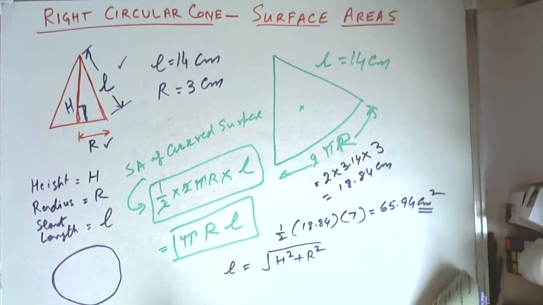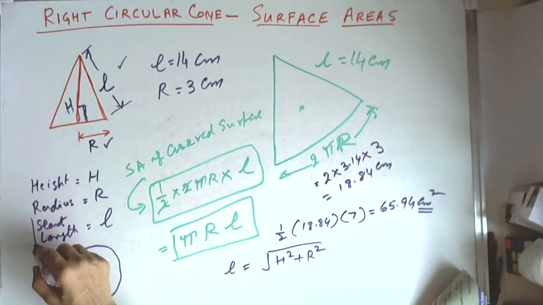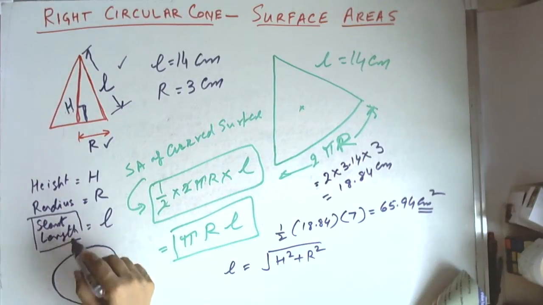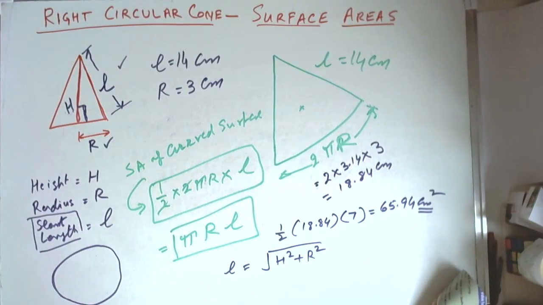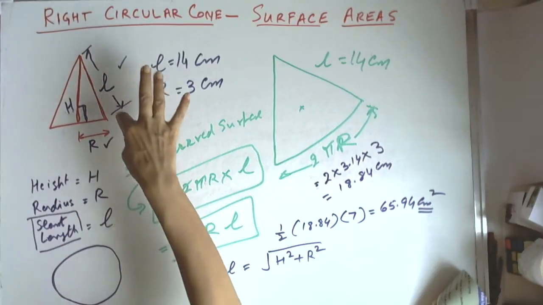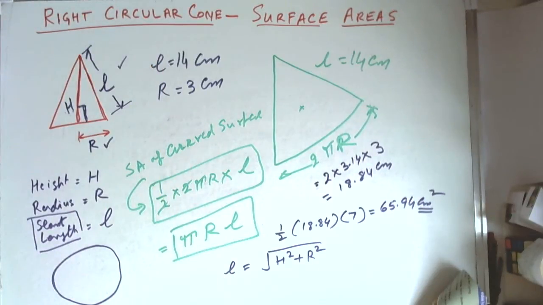So in any case, if we know the radius and height, we can determine the surface area. This is called the slant length. The English meaning of the word slant is tilted, and this is a tilted length. That is why it is called slant, S-L-A-N-T, slant length.